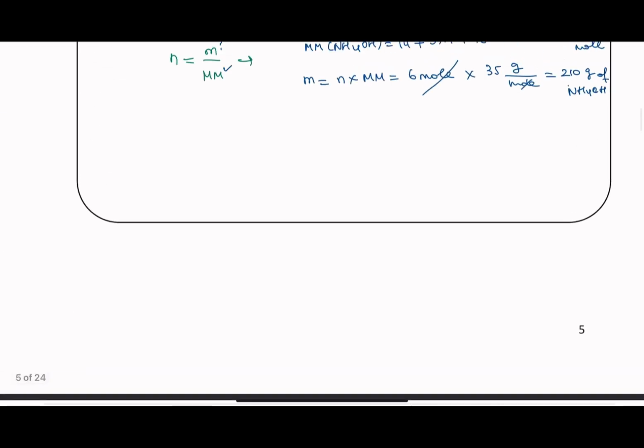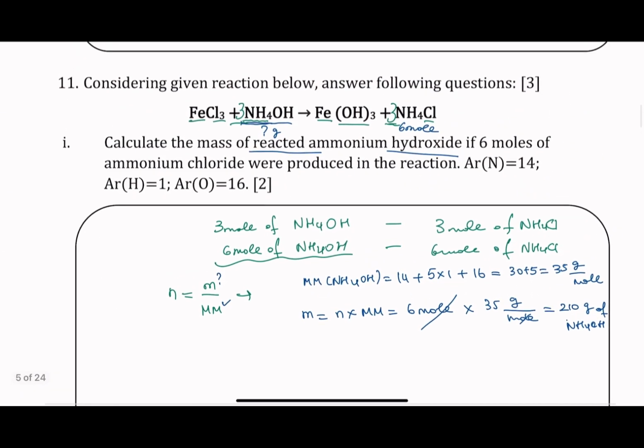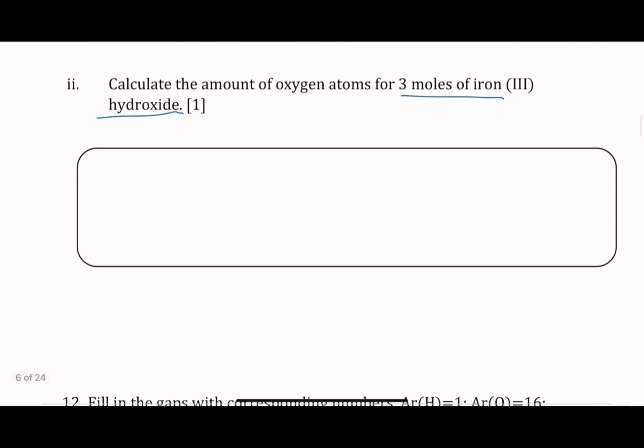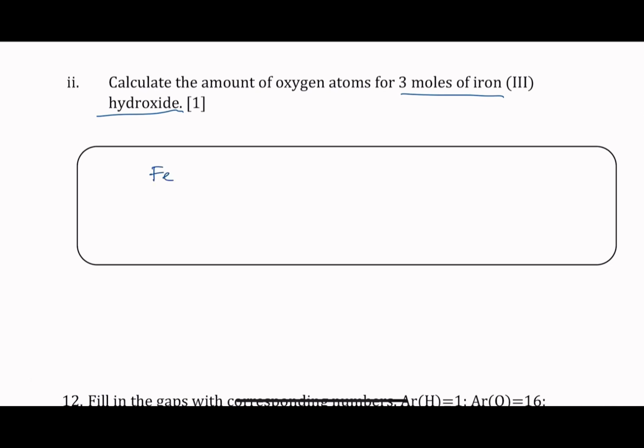And then now it's asking calculate the amount of oxygen atoms for 3 moles of iron hydroxide. You can see here that iron 3 hydroxide is given to us like this. And then 3 moles of iron hydroxide. Now you have 1 mole of iron hydroxide.